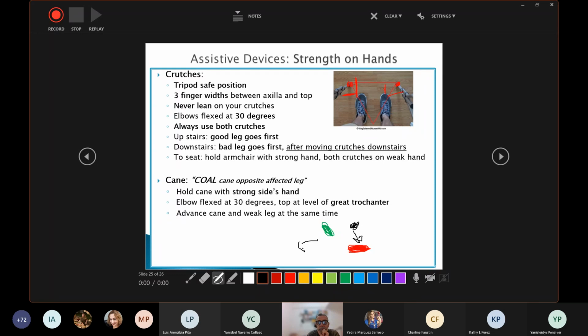But then when the good foot is on the floor, the one that is in the air advancing is the weak leg, because this is the way that you walk. You elevate one leg, advance, and then you walk this way. The cane will be in the air, also advancing with the weak leg. That's it. This is what you need to remember.